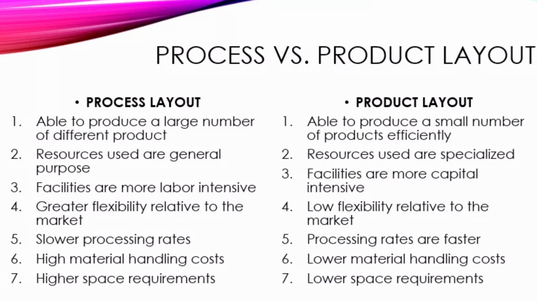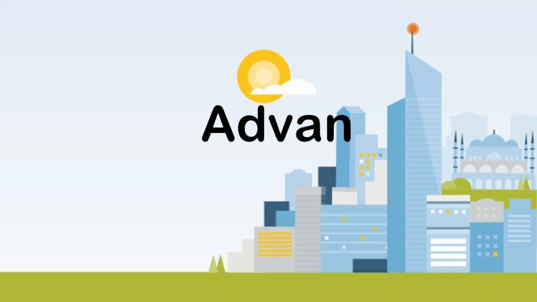Number 6, high material handling costs yung process layout, and sa product layout naman, lower material handling cost. And for the last contrast ng process and product layout, sa process layout, yung higher space requirements niya is nandun, while sa product layout is lower space requirements lang. So makikita natin dyan yung pagkakaiba ng process and product layout.